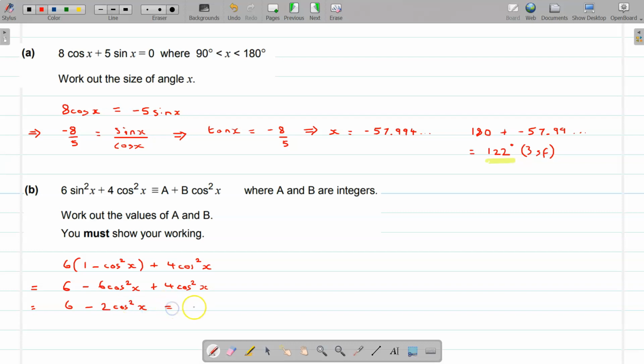And that equals a plus b cos squared x, which is what they wanted us to show. And therefore, just to summarize, a equals 6 and b equals negative 2. Okay, and that's what they were looking for there.